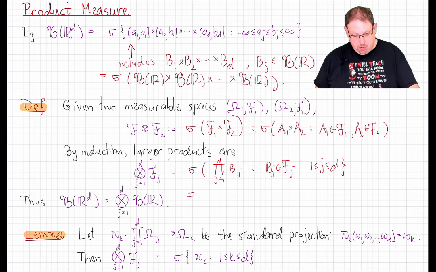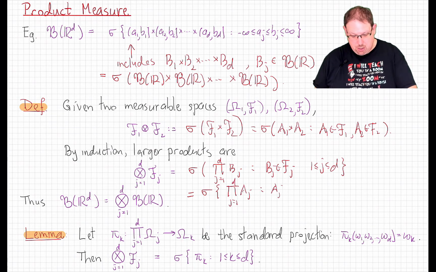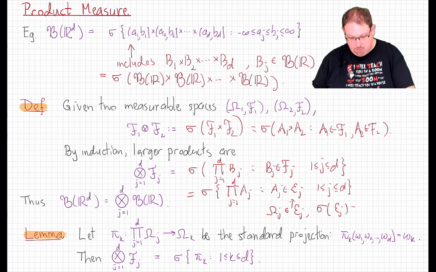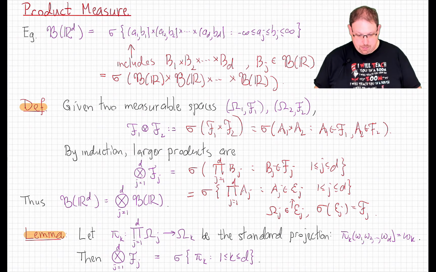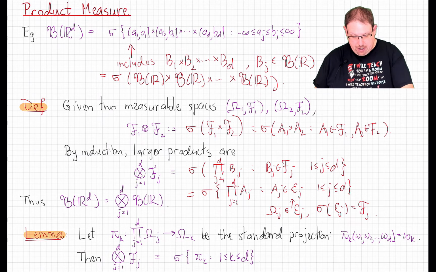It's also true that the product sigma field is generated as a sigma field by all Cartesian products of sets A_j, where those A_j are in some subsets of the sigma fields, provided that those subsets have the property that they contain as an element the whole space, omega_j, and they generate the full sigma field in question. And verifying that is part of your homework.